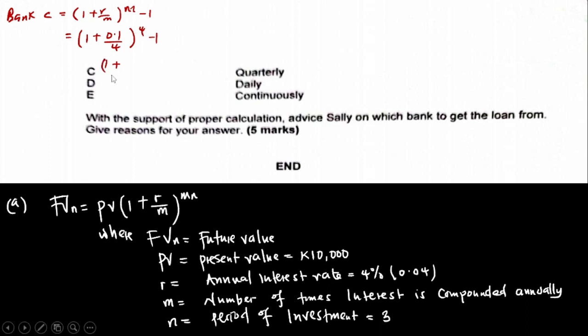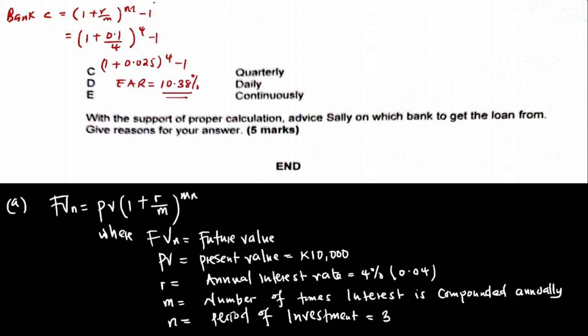So 0.1 divided by 4, our answer will be 0.025, plus 1, then to the power 4, then subtract 1. That one is going to give us an effective annual rate of 10.38% if it's compounded quarterly.